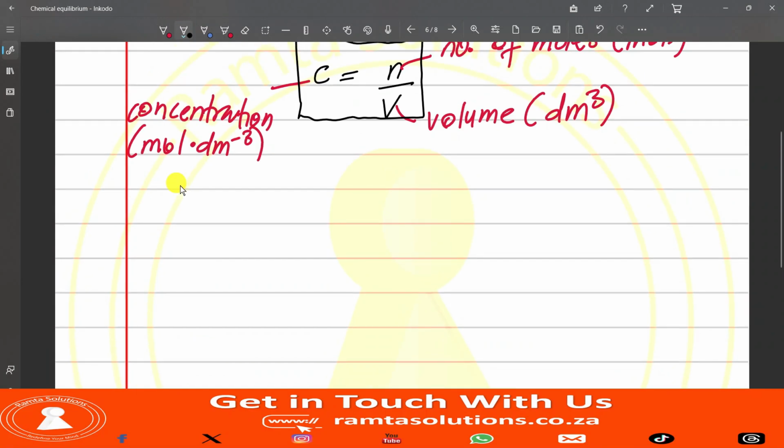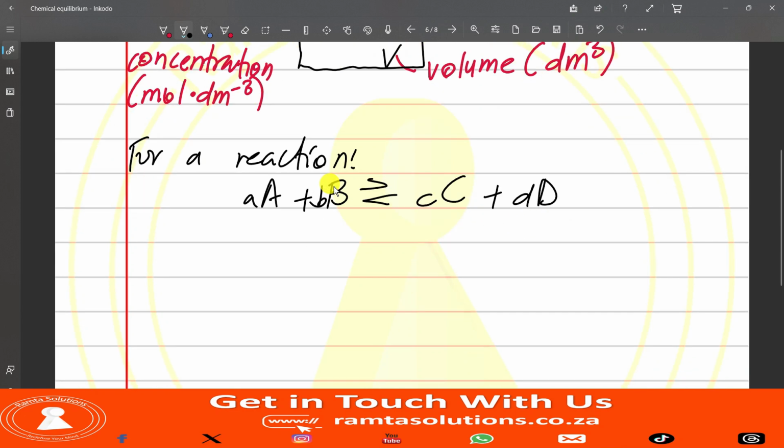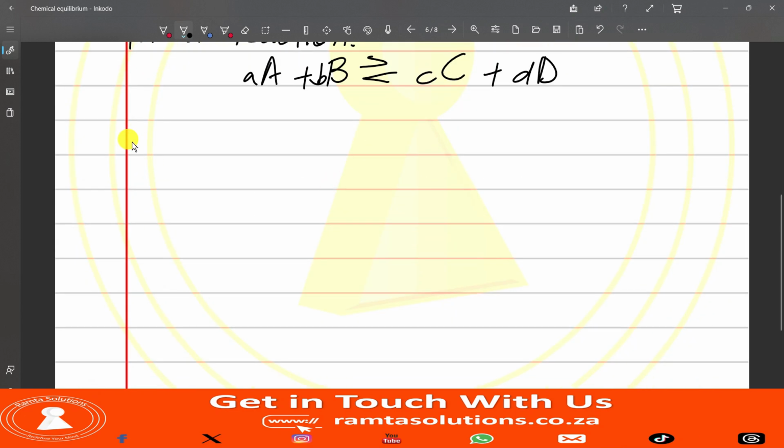Now we're going to use a balanced reaction, let's say A plus B giving us C, an equilibrium reversible reaction, and D. Now let's ask this: what happens when the concentration of a reactant is increased?